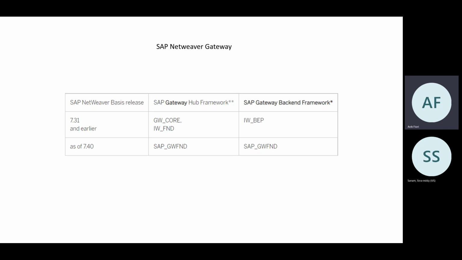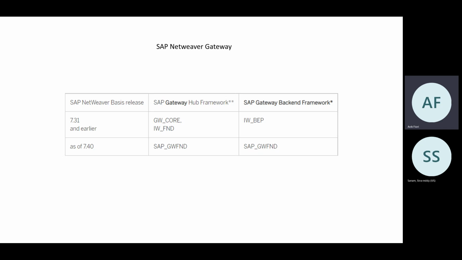So when they released NetWeaver Gateway 7.31, at that time we had to install all these three different components. But after a couple of years, they released SAP NetWeaver Gateway 7.40. With this version they created only a single component, so you don't need to install all three different components.